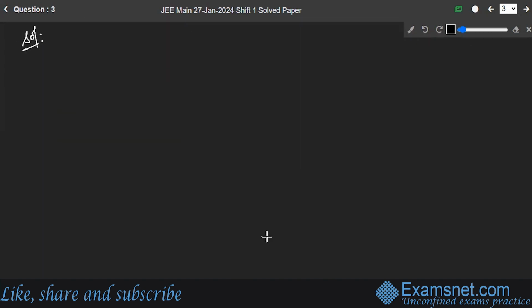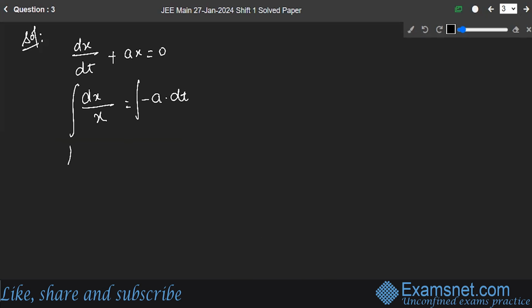So first, the differential equation was dx upon dt plus ax is equal to 0. That gives you dx upon x is equal to minus a into dt. Let's integrate both the sides. You will have natural log x is equal to minus a into t plus c. Now, you are given the question at t is equal to 0, you have x equal to 2. So let's use this equation.